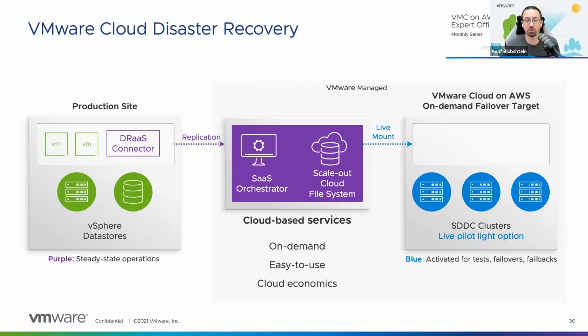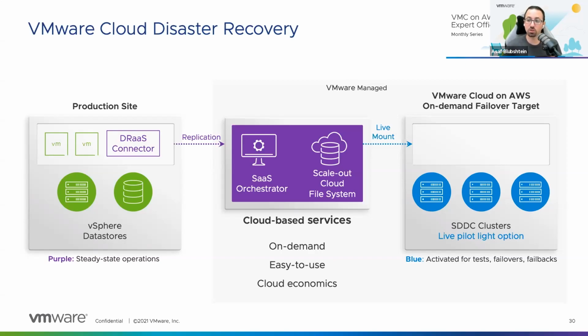DR is an extremely important component of ransomware, for example, and security validation, malware, etc., to make sure that you have the ability to spin up an environment in a different region that is isolated completely from your existing production environment.